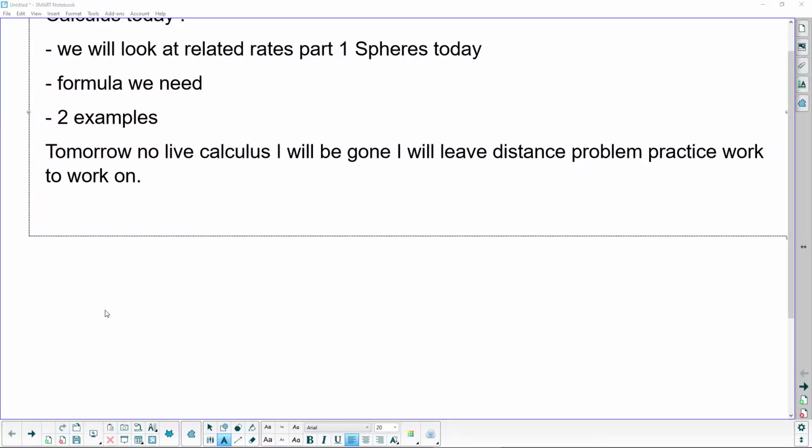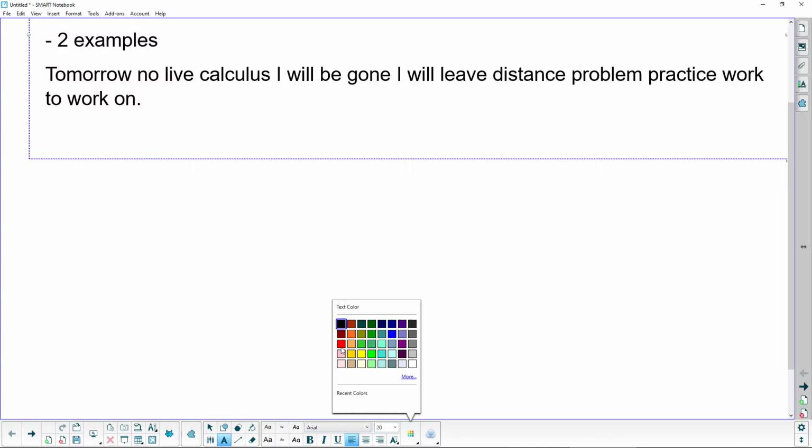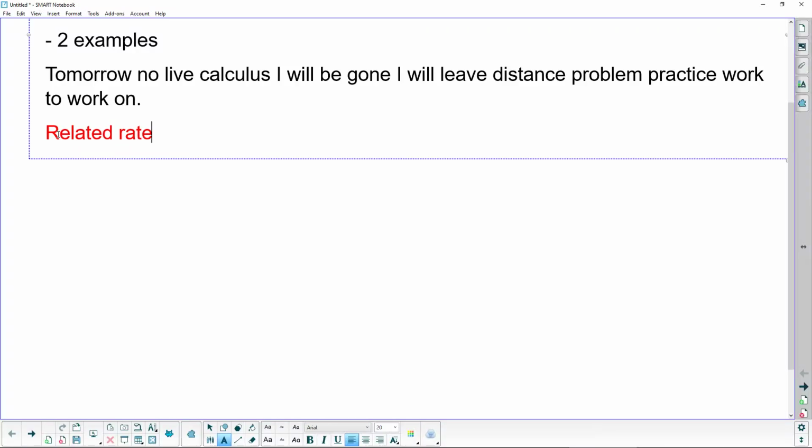So first of all, I'm going to start off with defining what we mean by related rate. Okay, and I'm going to use a different color today for whatever reason. So a related rate, when we say that in calculus, is a measurement that is changing with respect to time.